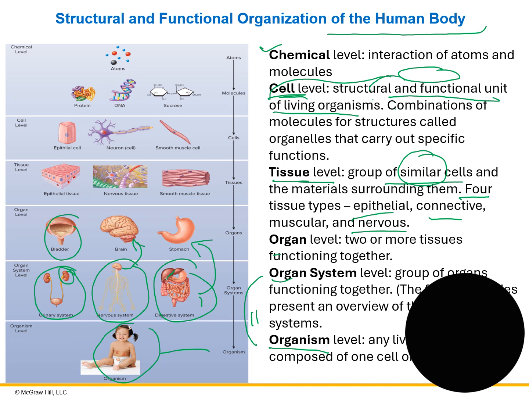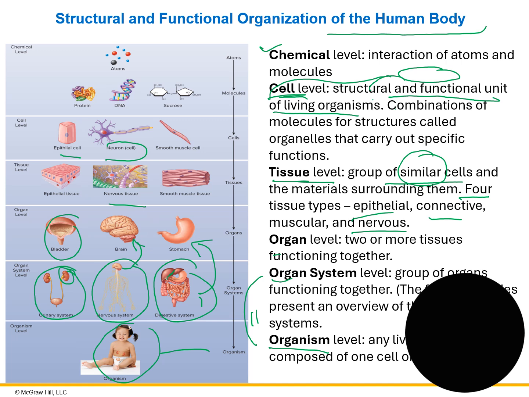So cells can have different shapes and different structures. The function can be different too. Here in the example, epithelial tissues are made of what? Epithelial cells. Nervous tissues are made with the neuron, that is a cell. There are other cells too, astrocytes, oligodendrocytes.